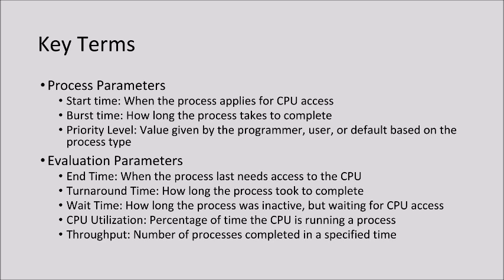The CPU utilization is how long the CPU is actively doing something. So it's a percentage, and it's basically to measure, are we using the CPU efficiently, or is it sitting around doing nothing, and do we need to have more efficient scheduling to get good processes in there and going.